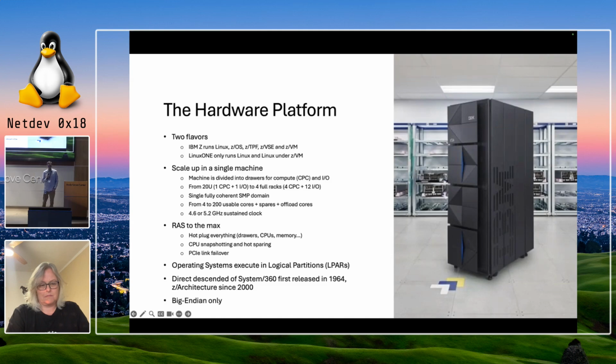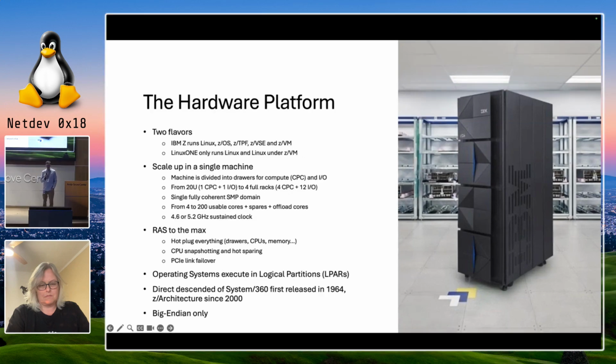They have compute drawers that just do compute with CPUs in them, and they have I/O drawers that just attach devices, including network devices and Fibre Channel and similar.